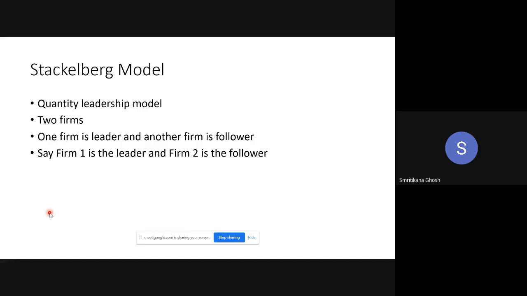Just stop here. I'm explaining that part only. So del Q leader by del Q follower. This is for the leader. So the leader knows that I have a follower, but if the follower changes his quantity, as I am the leader, I will not change my quantity. So del Q leader portion is zero. Wait, wait, what am I saying?